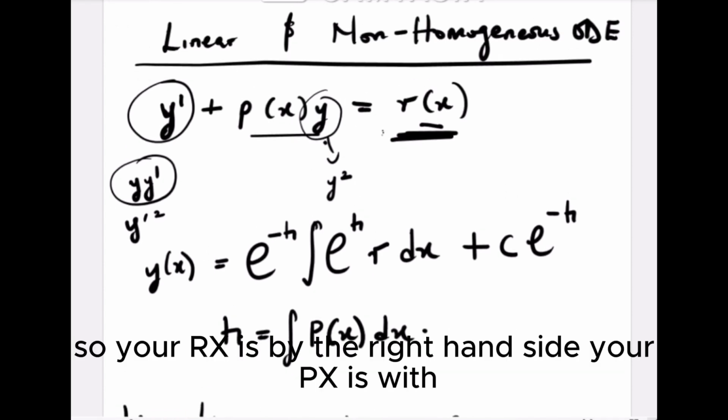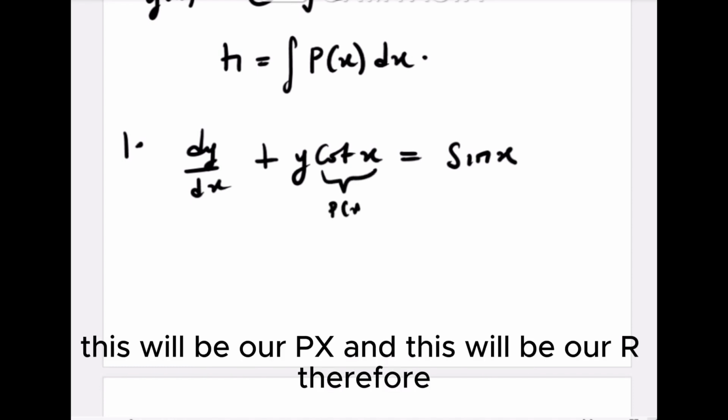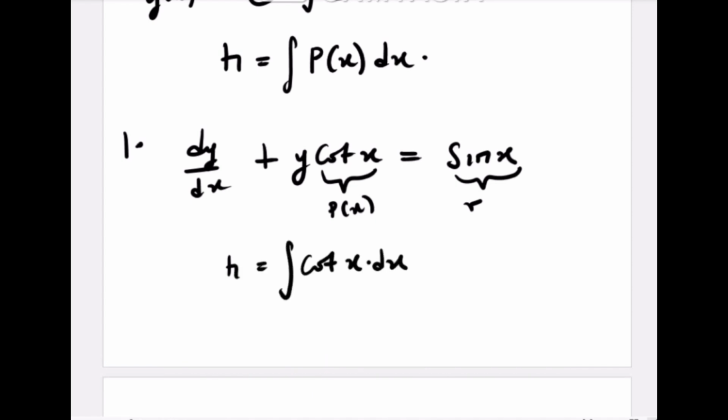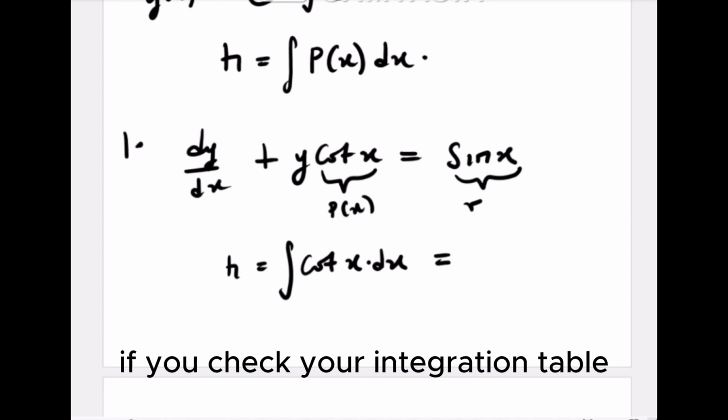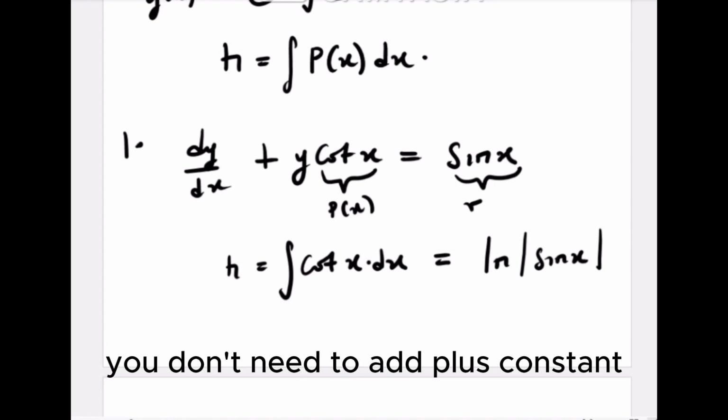Your r(x) is the right hand side, and your p(x) is with y. So p(x) is cos x, and r(x) is sin x. Therefore, h equals the integral of cos x dx. If you check your integration table, you get sin x. At this point, you don't need to add plus constants.